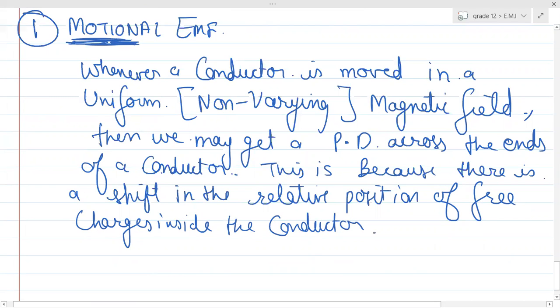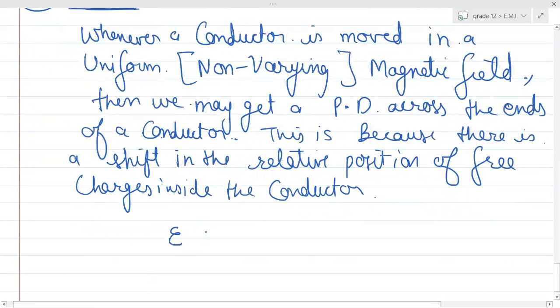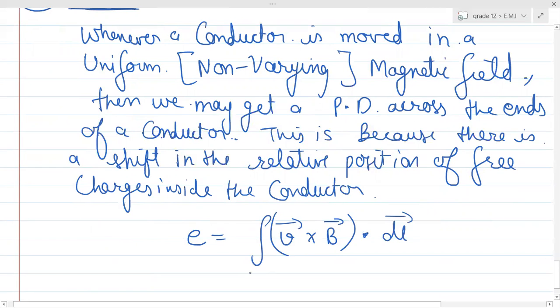Okay, this EMF has a formula. Yes, this EMF has a formula. It is equal to (v cross B) dot l. We'll see what exactly the terms mean. Okay, this is the first case, which is basically called the motional EMF.